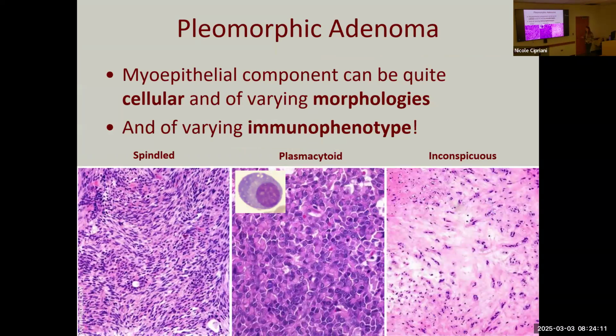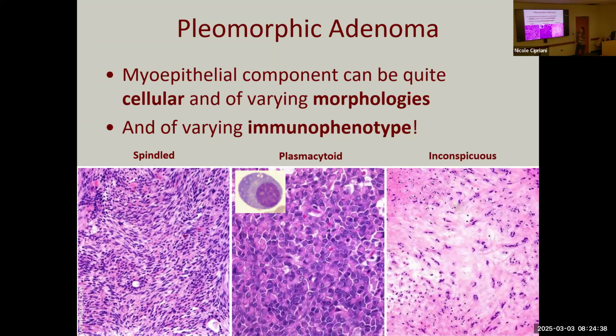Sometimes those background myoepithelial cells can be very prominent and very cellular, and so they can range from what we saw earlier, kind of inconspicuous ones, to these very densely cellular populations of plasmacytoid cells. Some people call these hyaline epithelial cells because the cytoplasm has a glassy hyaline globule in it, or they can be extremely spindled, almost looking like a mesenchymal neoplasm.